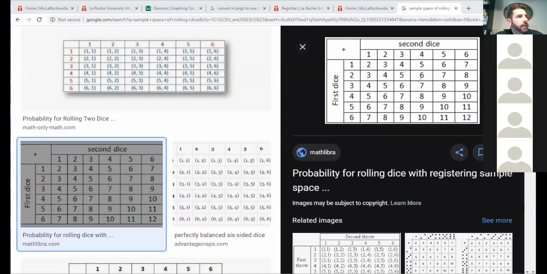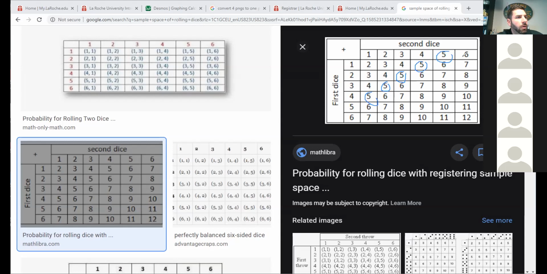So how do I get a 5? Well, I get a 5 if I have a 2 and a 3. I get a 5 if I have a 3 and a 2. So let me actually write this a little differently. How do I get a 5? I get a 5 here, here, and here.